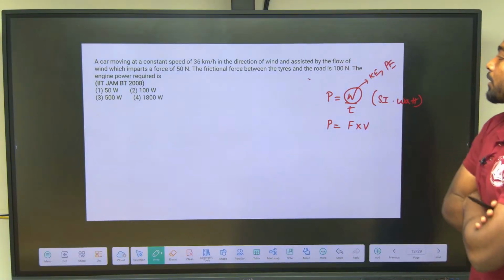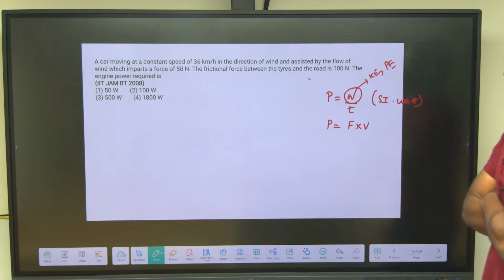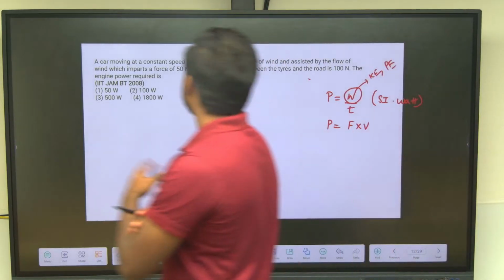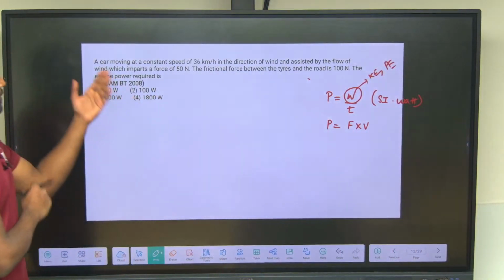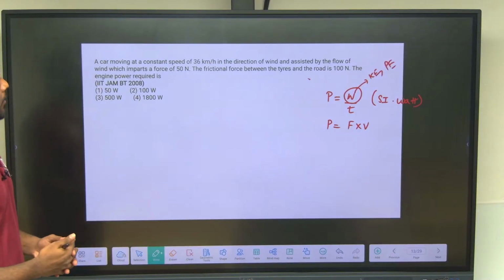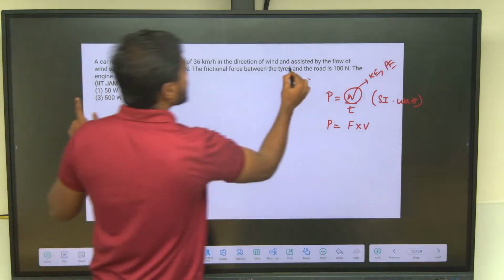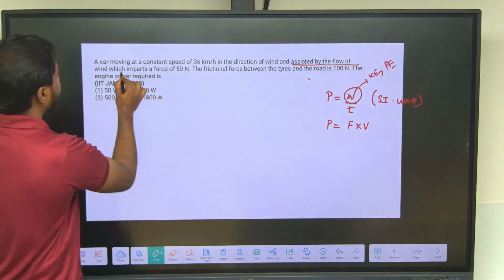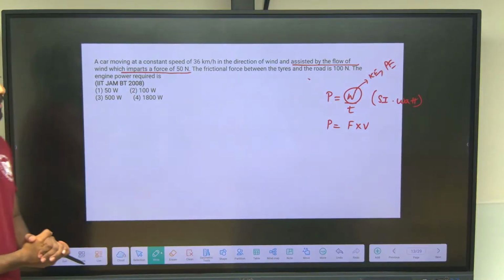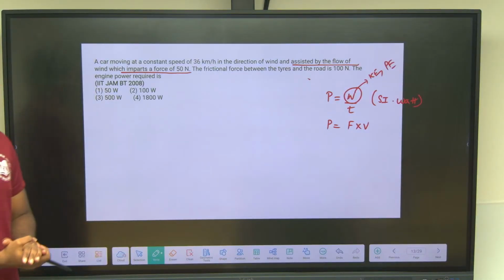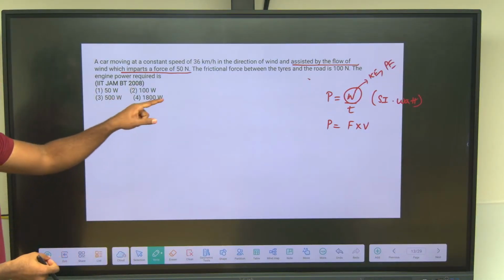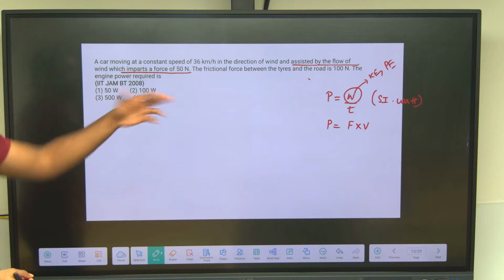A car is moving at a constant speed. So initially they have given the speed as 36 km/h, like they have given the velocity, and in the direction of wind, assisted by the flow of wind, which imparts a force of 15 Newton. And frictional force between the tire and the road is 100 Newton.